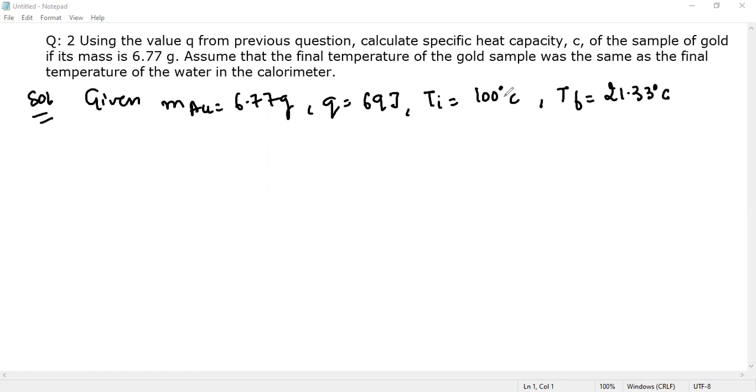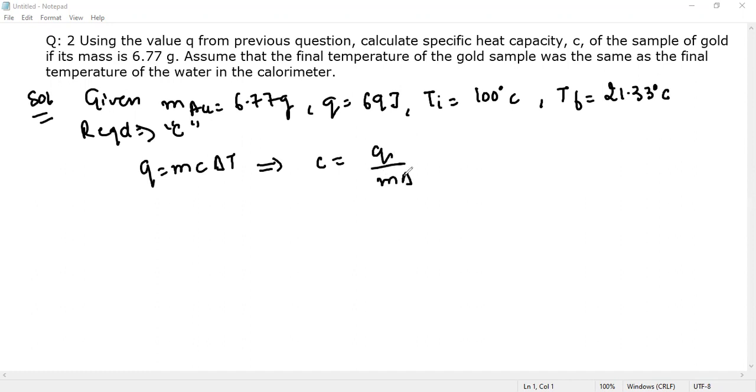Now what we require is C. So I will write here what is required is the C value for gold, right? Now we already know which formula to use. Q is equal to mc delta T, and we want to find C. So we will rearrange this equation: C is equal to Q upon m delta T, right?